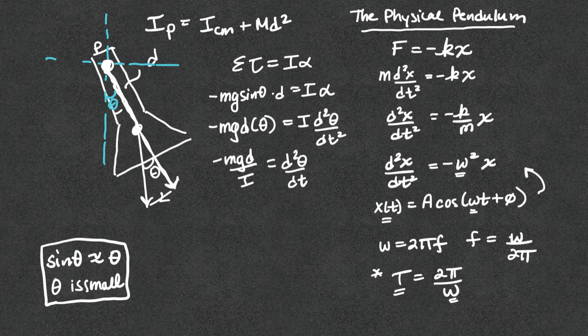Now if we compare our equations, we see we have a second derivative, just like we have a second derivative here. We see that we have, oops, I actually forgot my theta. Let me put it back in. mgd over I times theta, I forgot that. We have x, just like we have theta.